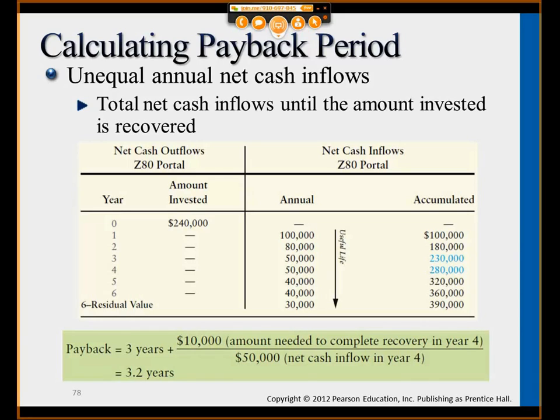So the 4th year, we're going to take 50,000, and we're going to take that number to calculate the payback. So the 10,000 that are left after 3 years, we're going to take 10,000 and divide by 50. So 10 divided by 50 is 0.2, so we have 3.2 years.